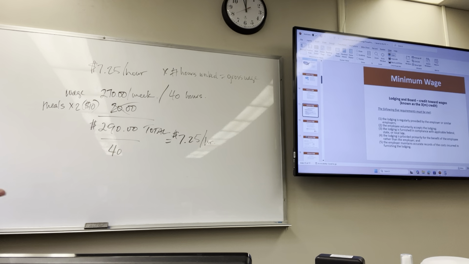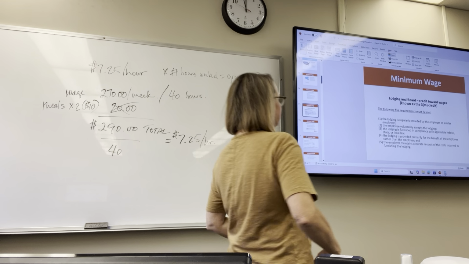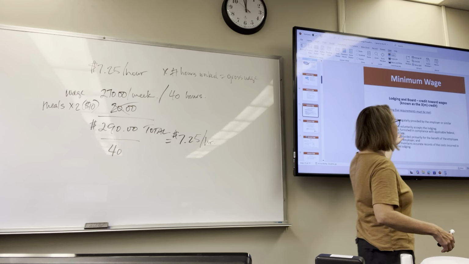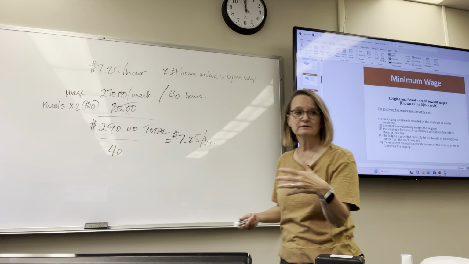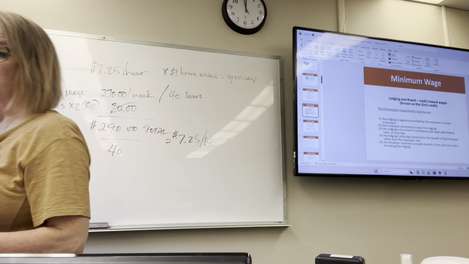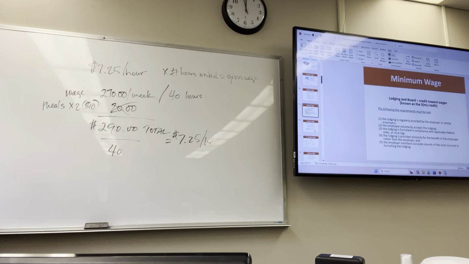That doesn't usually happen. That might be an example of something that's not regularly provided by the employer or similar employers. The employee has to voluntarily accept the lodging as well, so they have to agree to it. Lodging has to be furnished in compliance with federal and local laws.